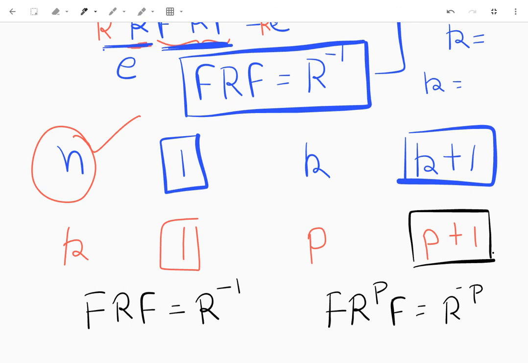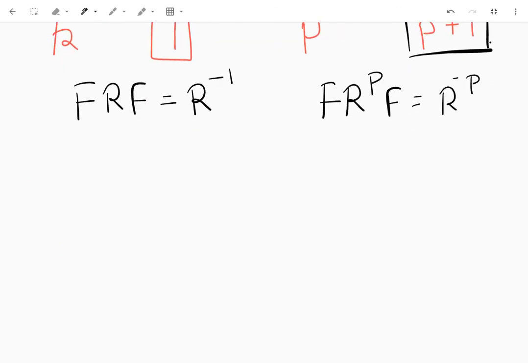Now p plus 1, how do I reach here? Look carefully. If I remove this p, this F somehow, and I get here another R, right? Let's try this.